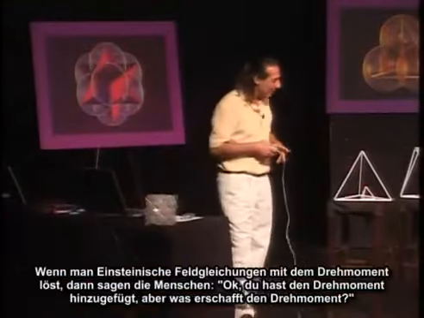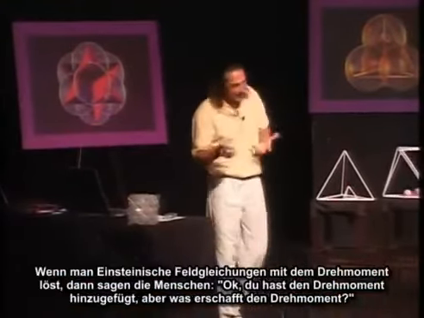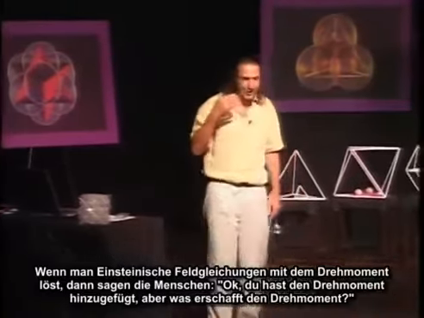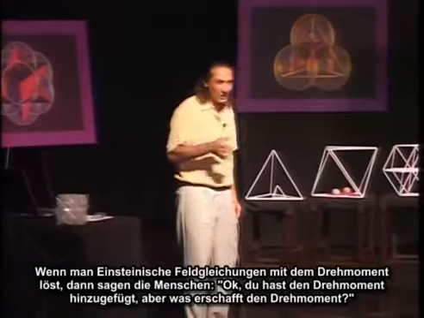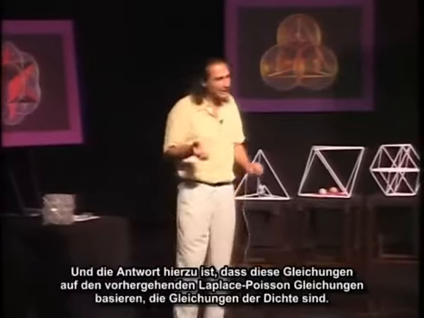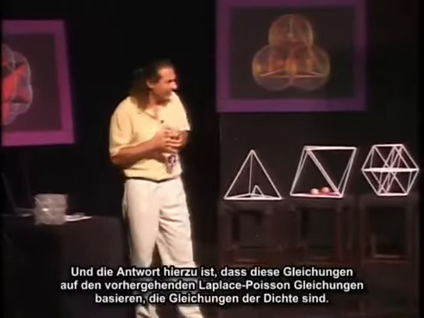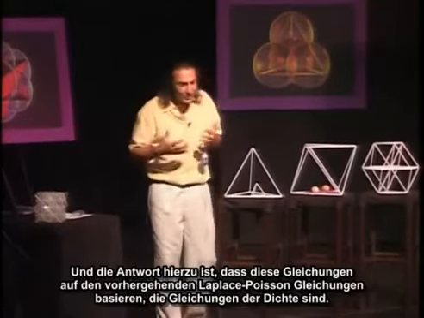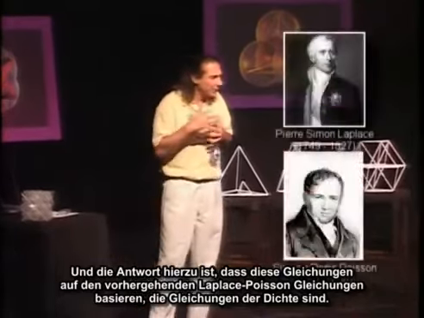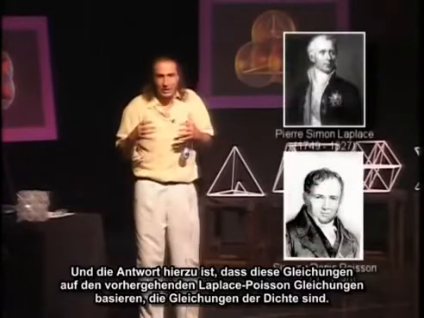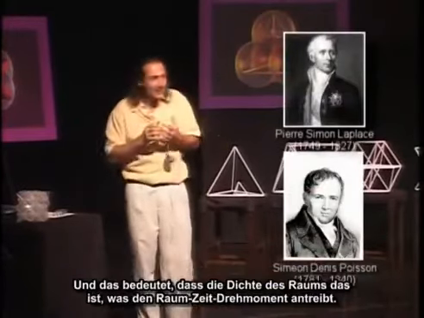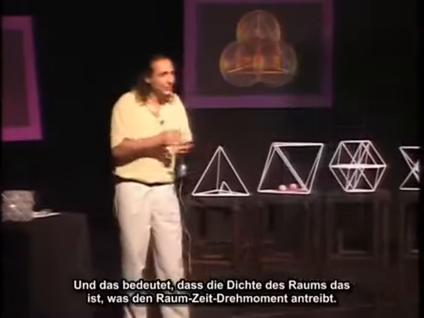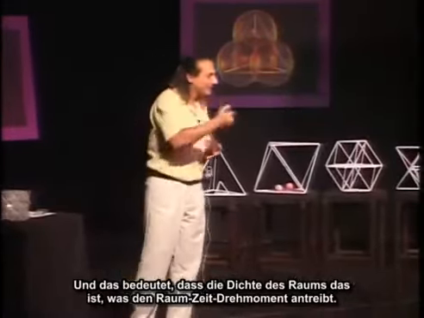And really, when you solve Einstein field equations with the torque, people could say, well, okay, but you're adding torque, but what's creating the torque? And the answer is that those equations are based on the earlier Laplace-Poisson equation, which are equations of density. And what that means is that the density of the field is what drives the space-time torque.